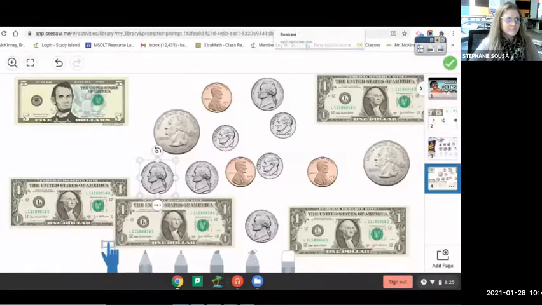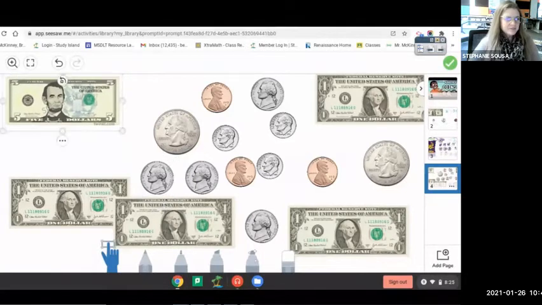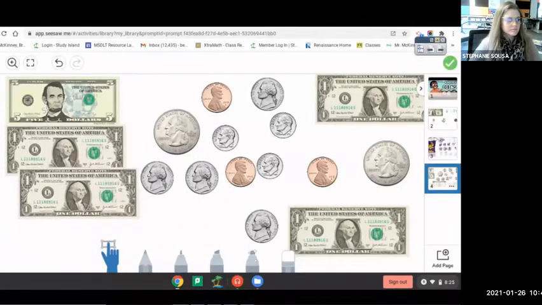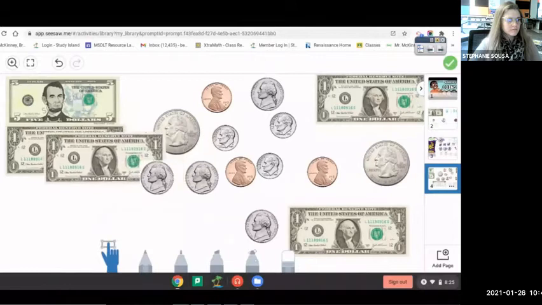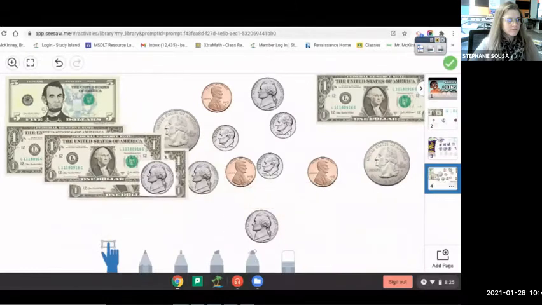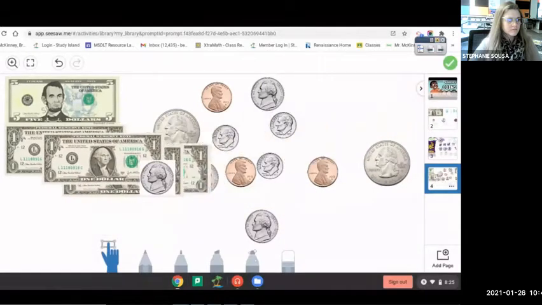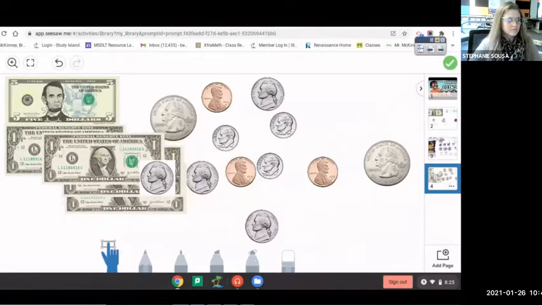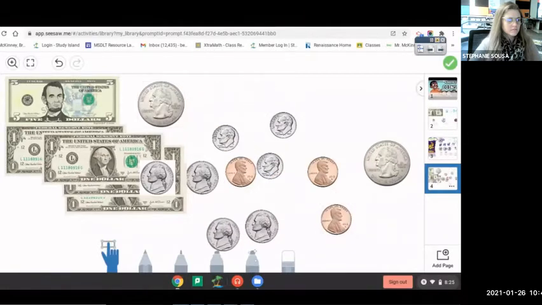So we have to make sure that we have at least $9.99. So let's start with our greatest value. We have our $5 would be the biggest, and then our dollar would be the next biggest. And then we have quarter, dime, nickel, penny. So we start with quarter.